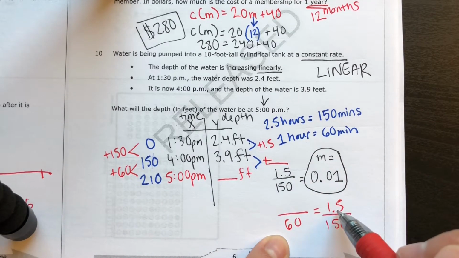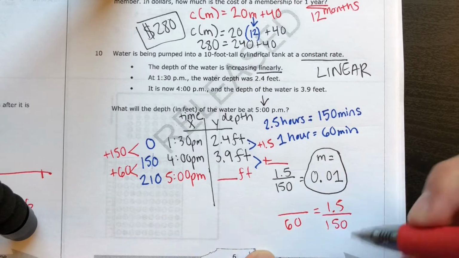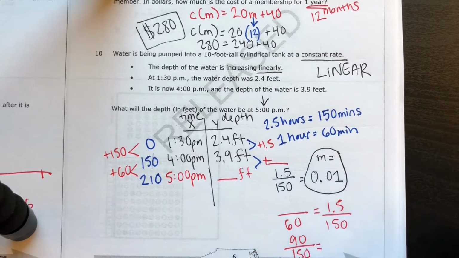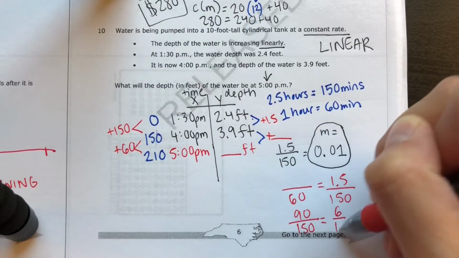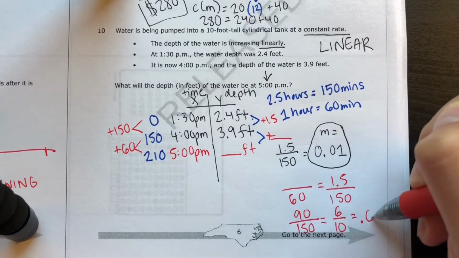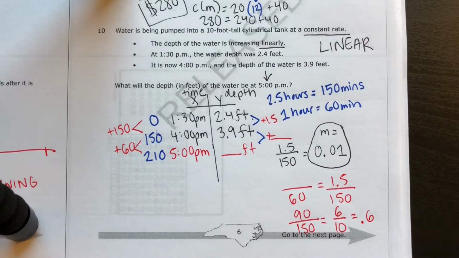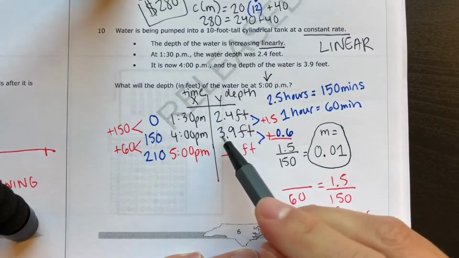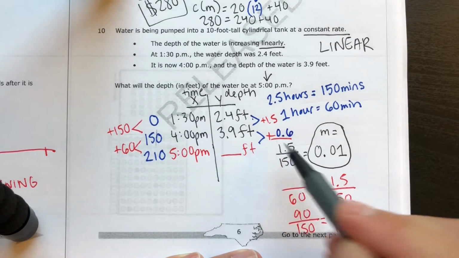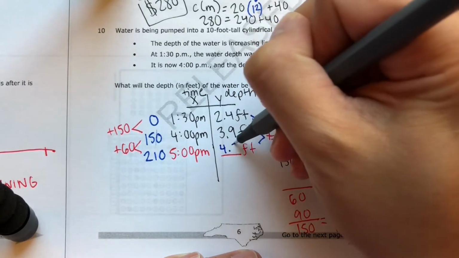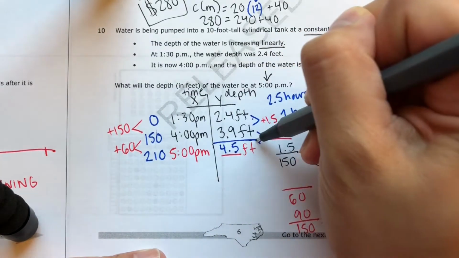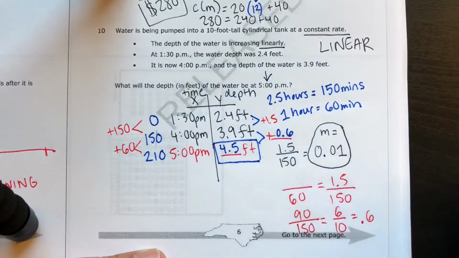So 60 times 1.5 is going to be 90, over 150 is going to be 6 over 10, or equal to 0.6. So on this side right here, my new rise is going to be 0.6. When I add that to 3.9, that's going to equal 4.5. So at 5 p.m., my depth is going to be 4.5 feet.